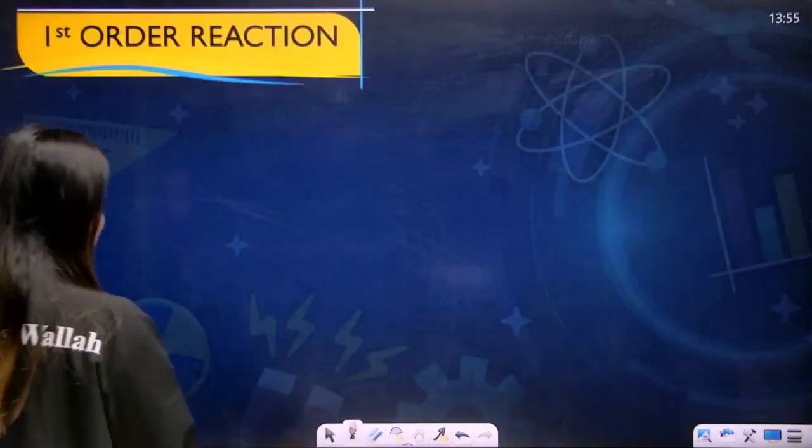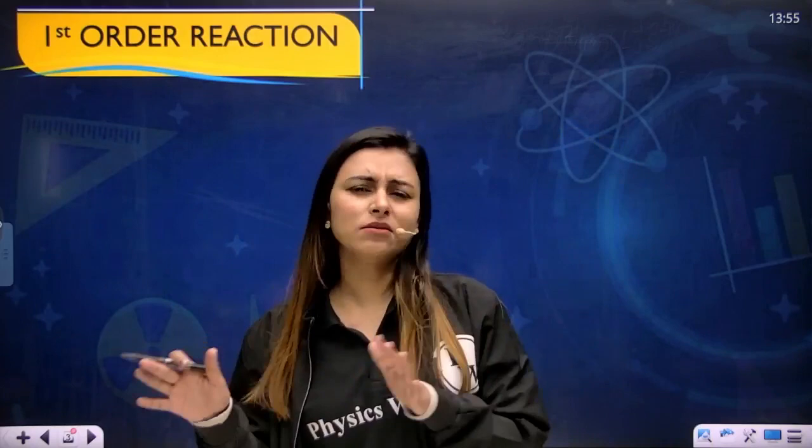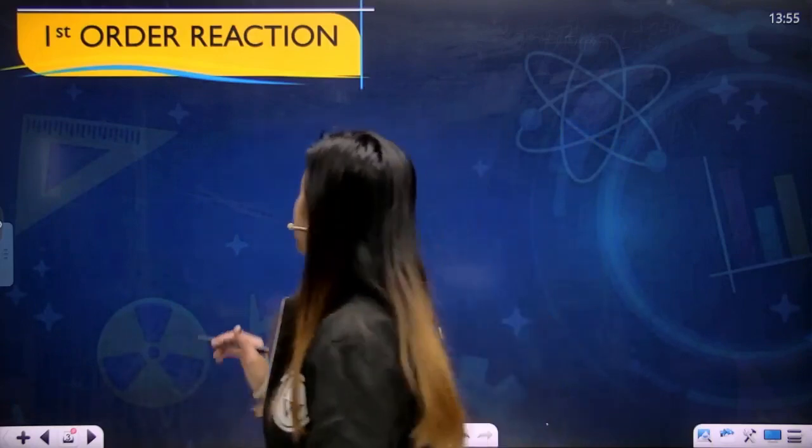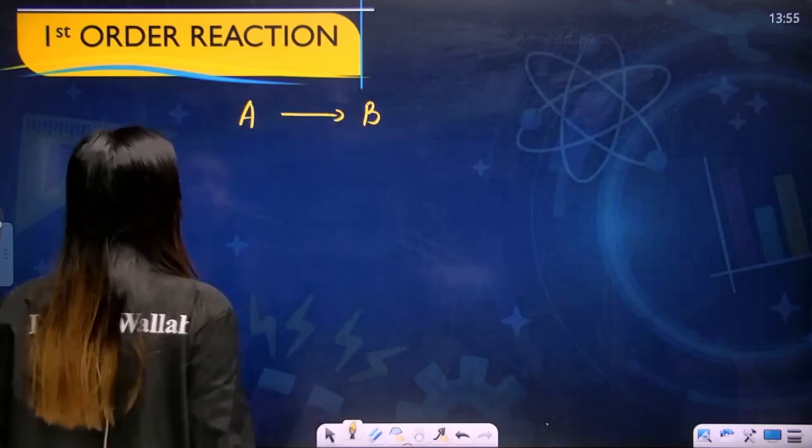Let's talk about the first order reaction. I told you it is exactly like what we calculated for zeroth order. First, let's assume a reaction from A to B, and let's say it is a first order reaction.